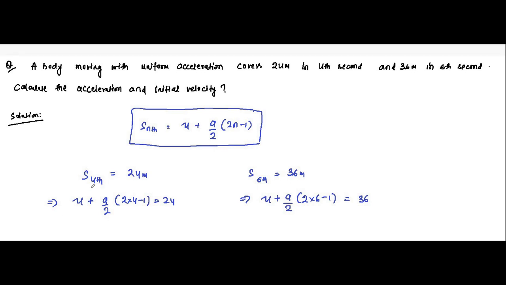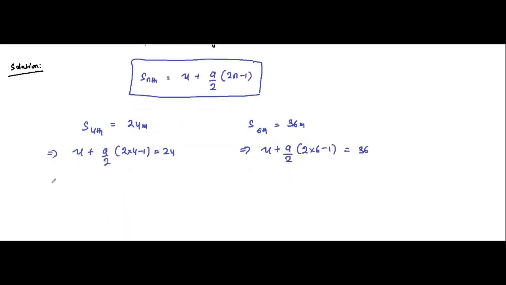So that implies u plus 7a by 2 is equal to 24 and u plus 11a by 2, 2 into 6, 12 minus 1, 11, is equal to 36. This is the first equation, this is the second equation.